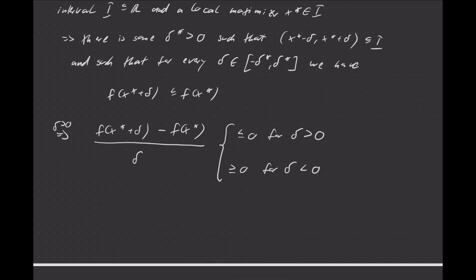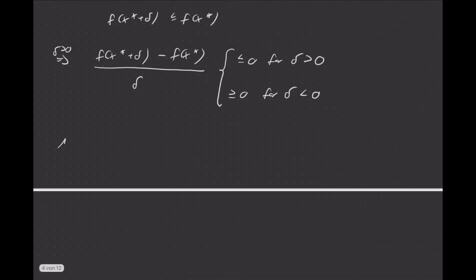And now this thing here, that should look familiar. We do know that f is differentiable. So what we can do is we can take the limit of this expression as delta tends to 0. And this is defined and is equal to the derivative of f at the point x star.